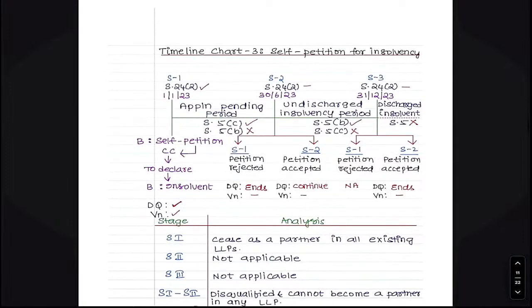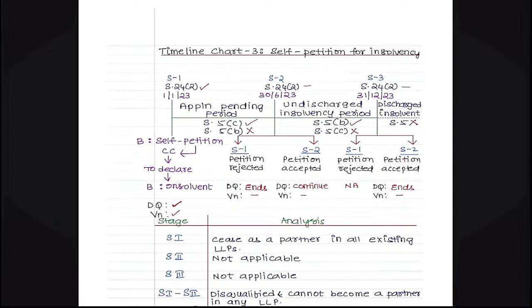Whenever a self petition is made for insolvency, observation is required at stage 2. At stage 2, two situations can happen. Situation 1 is petition rejected, situation 2 is petition accepted.